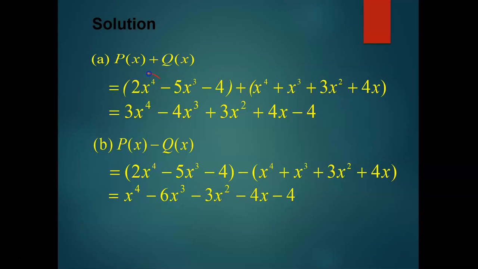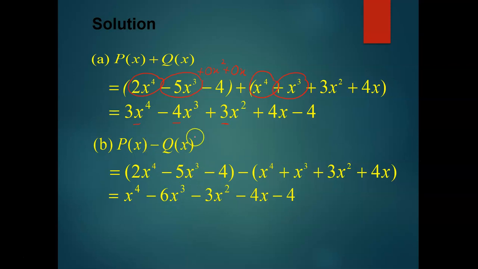Then collecting like terms means adding the terms that have the same power of x. So 2x^4 plus x^4, you have 3x^4. Negative 5x cubed plus x cubed, get this one. The first polynomial here is actually plus 0x squared plus 0x before minus 4, right? So 0x squared plus 3x squared gives 3x squared, just like that.